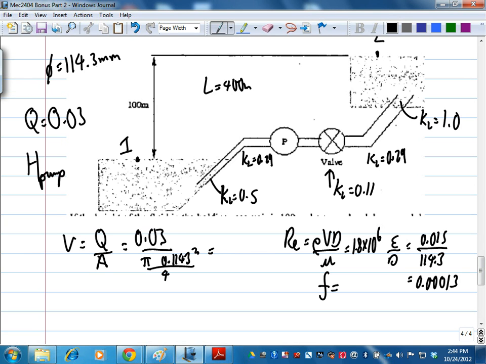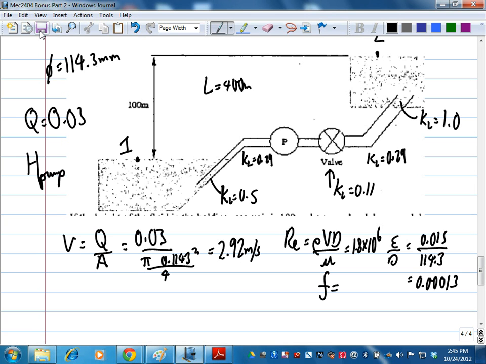What's the velocity? The 100 meter height, that's H2 minus H1. It's nothing to do with the piping system. It's to do with the inlet and exit.